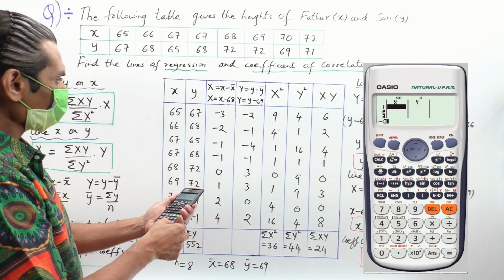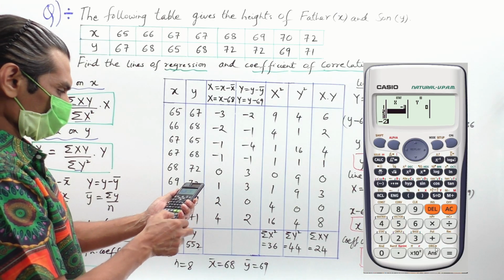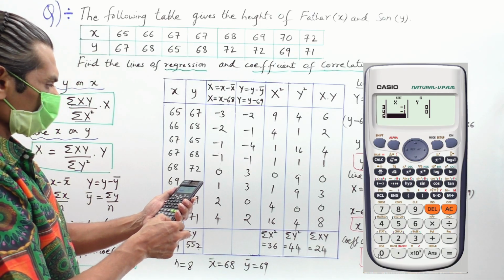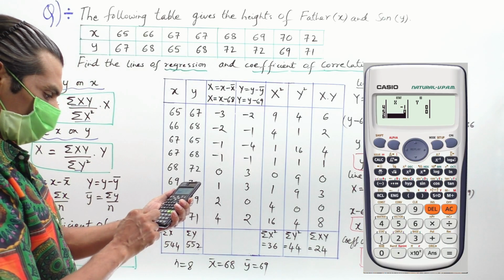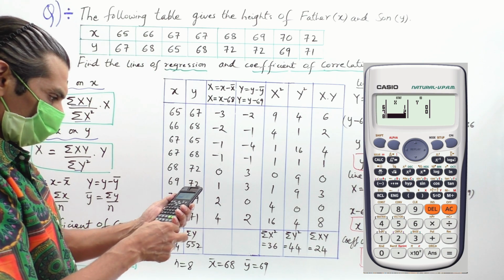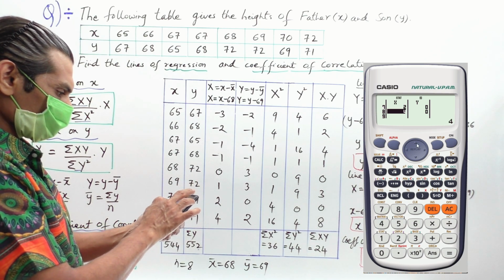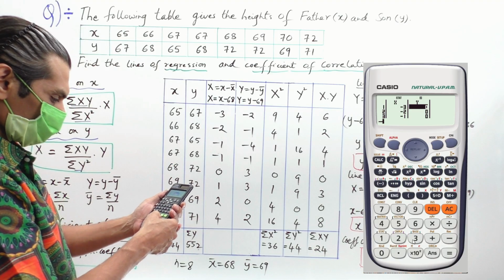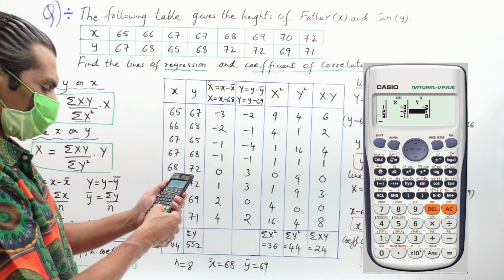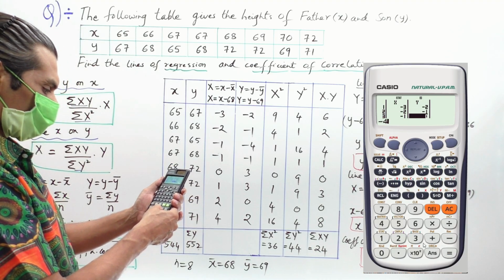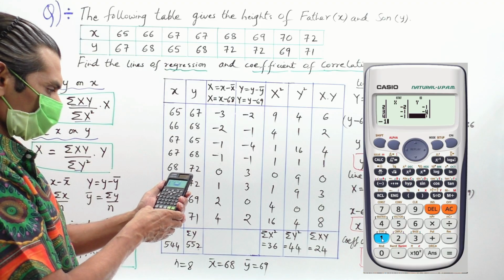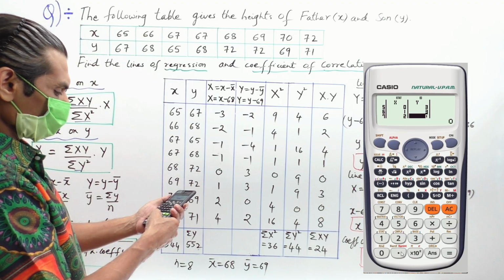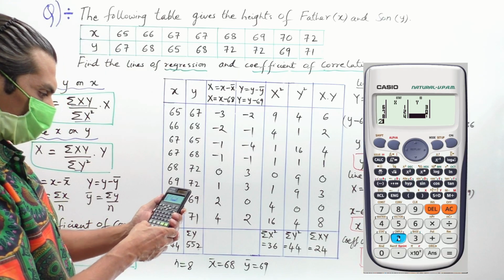So minus 3 equals, minus 2 equals, minus 1 equals, minus 1 equals, 0 equals, 1 equals, 2 equals, 4 equals. Now let's put the new values of y here, starting from the first. So we have minus 2 equals, minus 1 equals, minus 4 equals, minus 1 equals, 3 equals, again 3 equals, 0 equals, 2 equals.